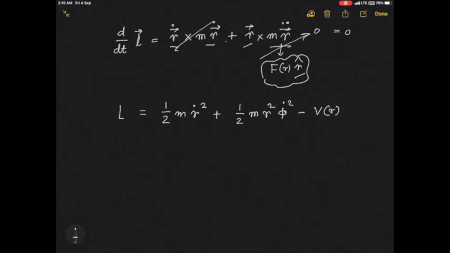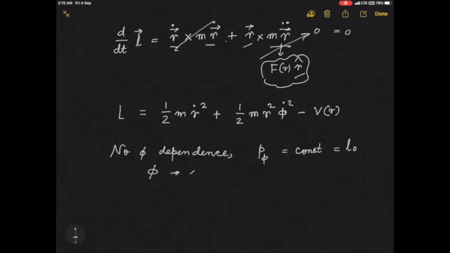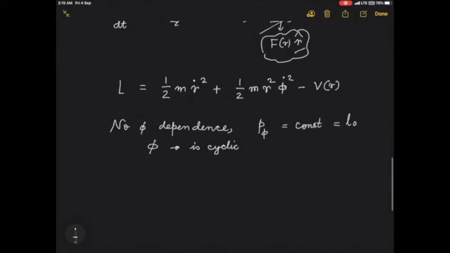You immediately see that there is no phi dependence, which means that p phi is constant. Let us call that L0. So I get another cyclic coordinate, phi is cyclic, and the corresponding canonical momentum p phi is constant.